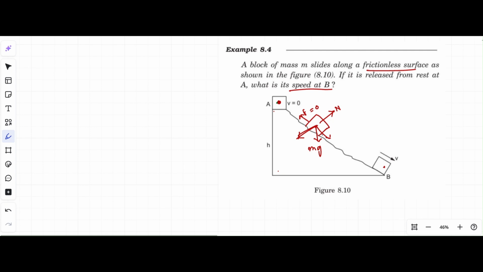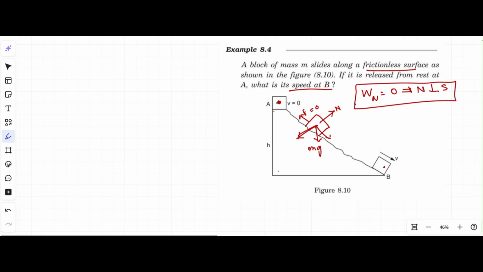The normal reaction force throughout its journey acts perpendicular to the movement, and hence work done by normal is equal to 0, because normal is perpendicular to the distance traveled by the object.